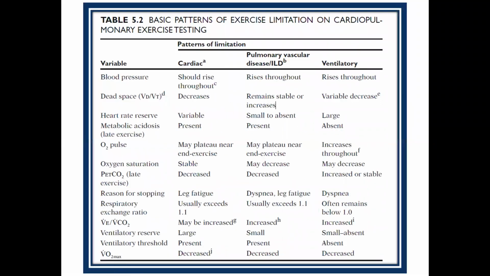Dr. Hussain, quick question. Yes, sir. So the VE to VCO2 is not specific to cardiac limitations. No. But if you have an abnormal VE to VCO2 and your VO2 max is within the normal, does that mean that you have a pulmonary limitation? No, not necessarily, because you have to look at the other things.